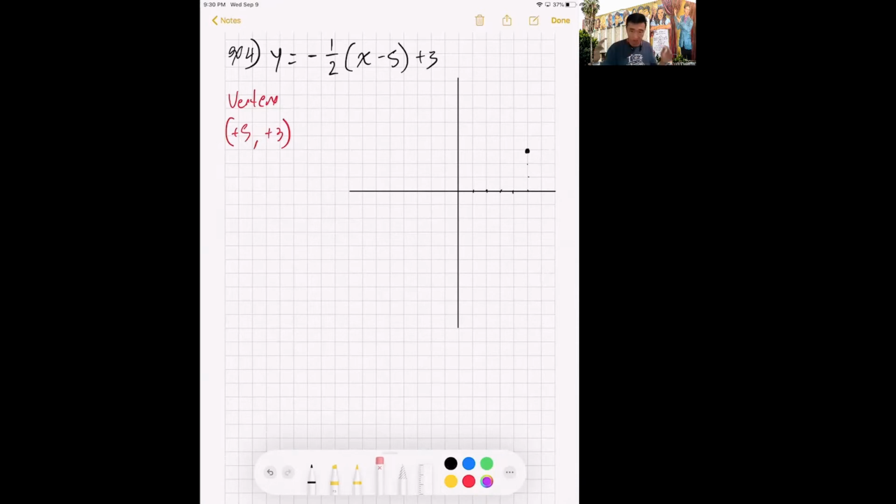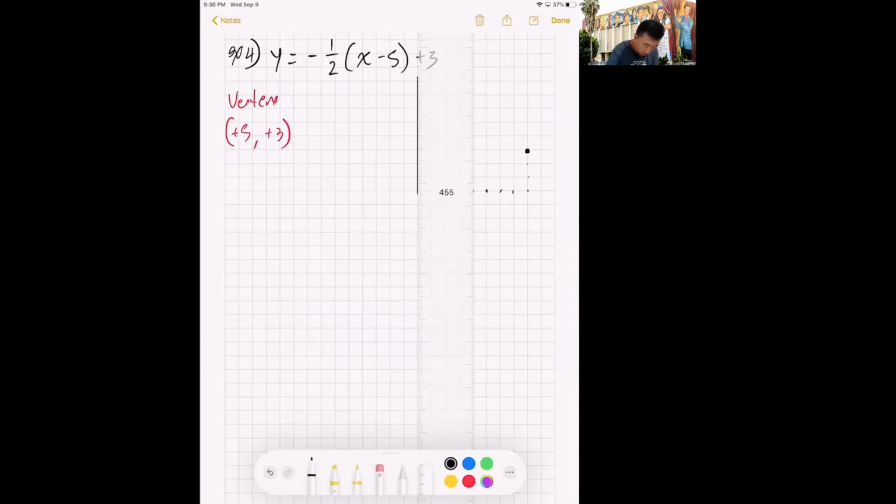And I know that it's going to go this way, and I'm going to run out of space on the right side. So let me put a graph right here. And let me go ahead and move this over. So it's going to be 1, 2, 3, 4, 5, 1, 2, 3. Okay, right there. Boom, shakalaka. Okay, that's good. I think I have enough space.